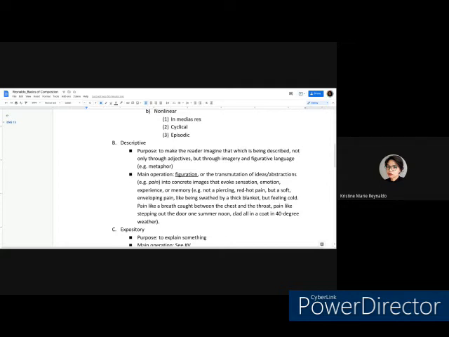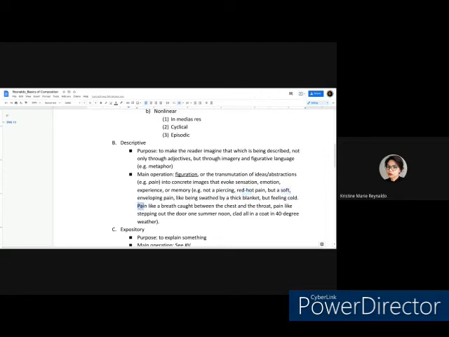So if you notice in this passage, you have adjectives like piercing and red hot. Red hot in itself is an image because it makes you imagine the color red. So there are adjectives here: piercing, red hot, soft, and enveloping.